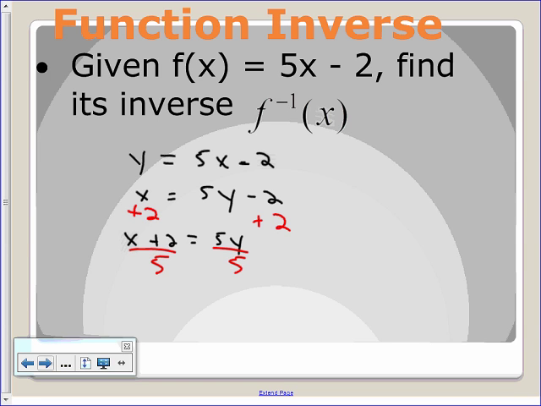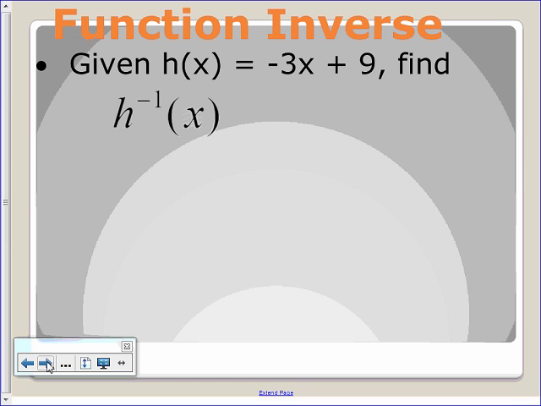And step 4, change y back to the inverse of f of x. And step 5 is check. This time we have inverse of h of x, so we're going to change h of x to y.